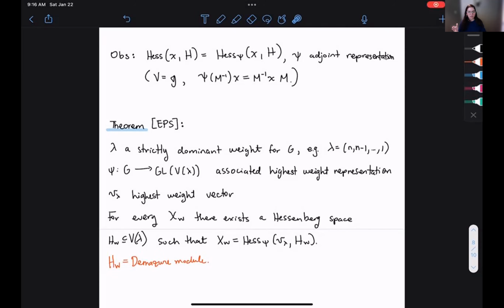It almost gives us this theorem, which gives you a translation saying that the torus fixed points of the Schubert variety are going to be in here, or let me say it in a different way.